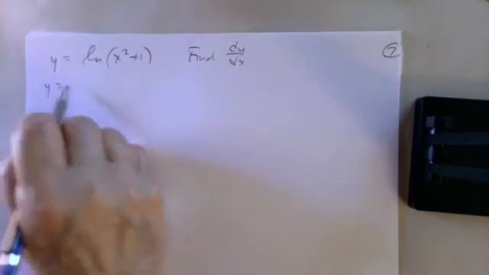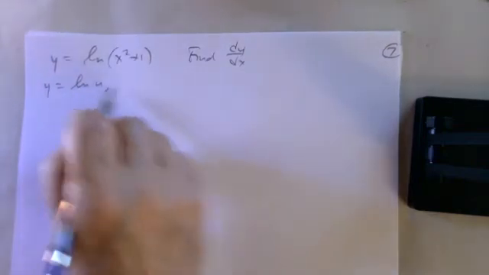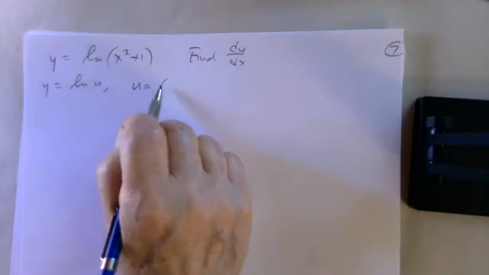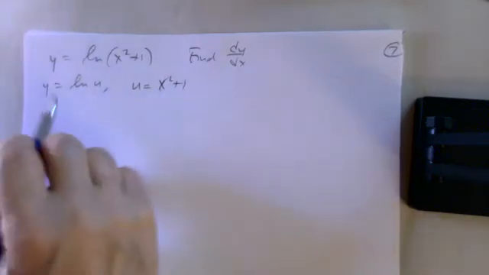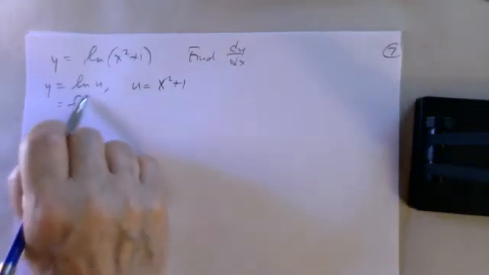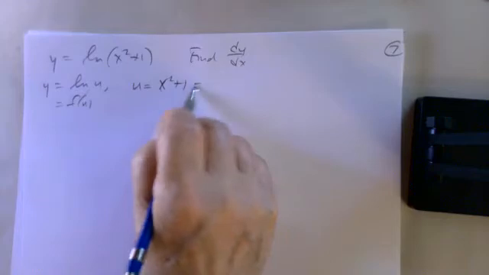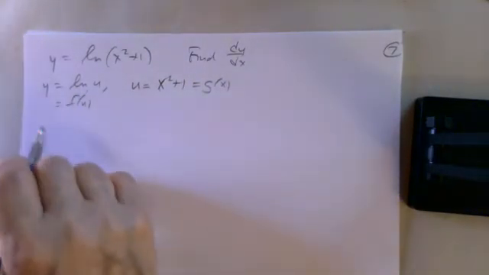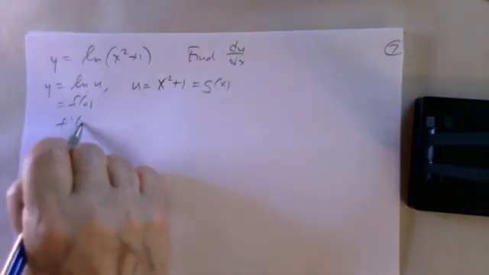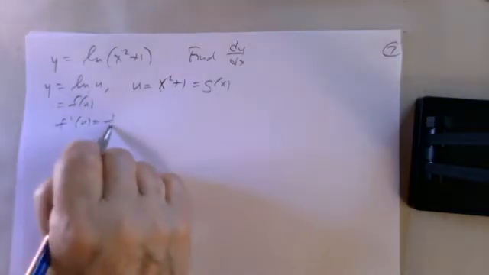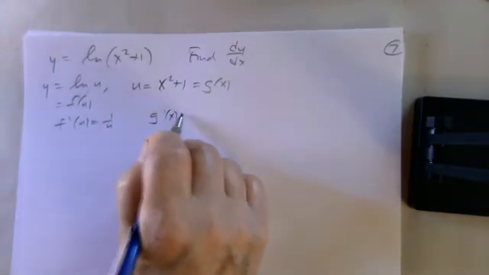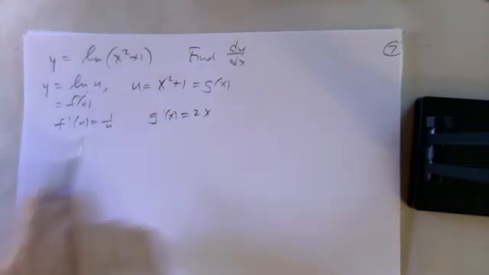It's like y is a function log of u, where u is the function x squared plus 1. So f of u is log u, and g of x is x squared plus 1. We know that f prime of u is 1 over u, and g prime of x is 2x.